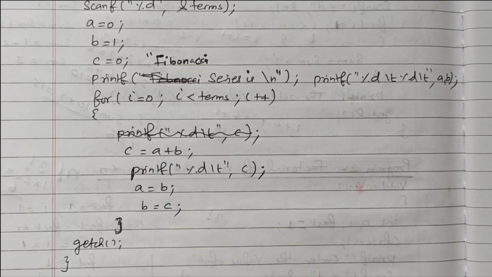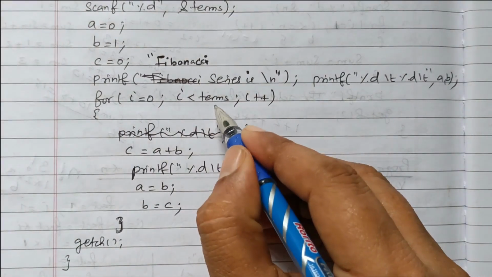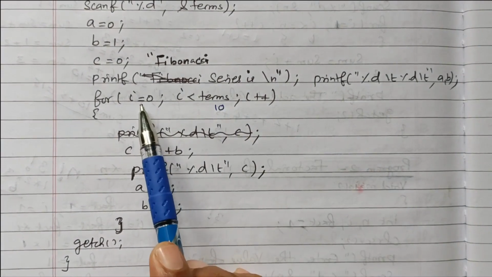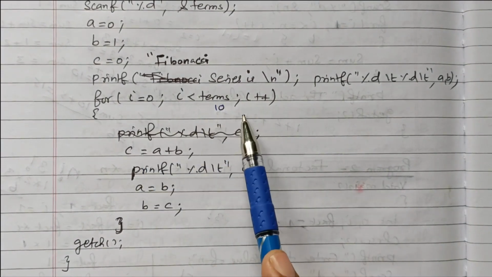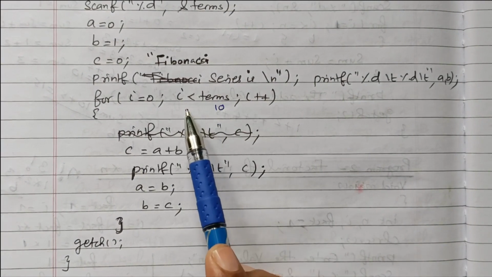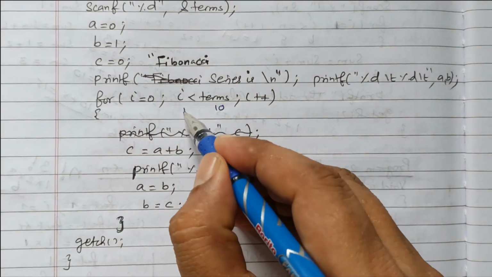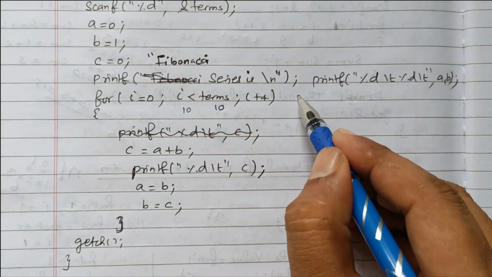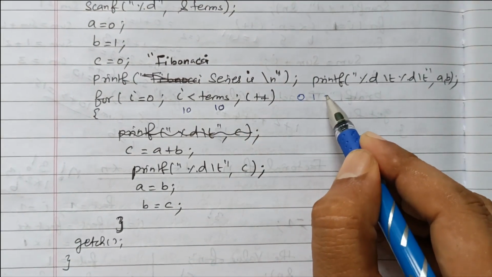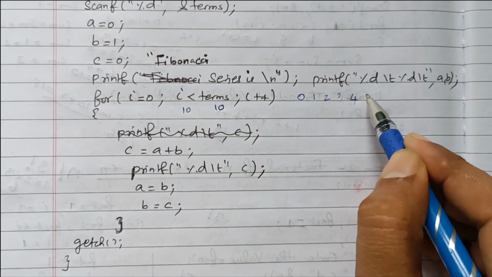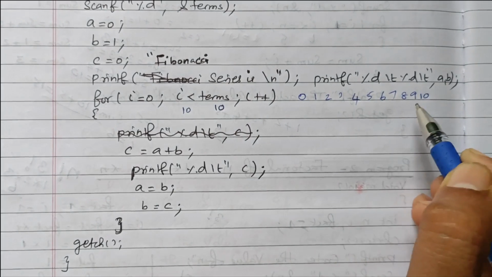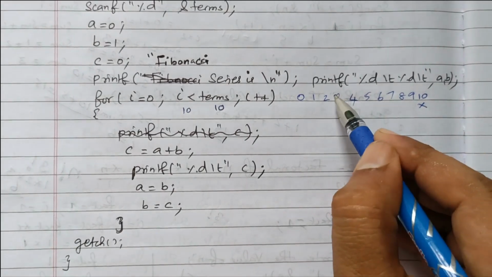For example, if the terms is 10, this loop will be executed 10 times, starting from 0, 1, 2, 3 up to 9, because when i is 10 the condition is not satisfied and the loop terminates, right. So i is initially 0, then 1, 2, 3, 4, 5, 6, 7, 8 and 9. 10 means that the loop will be terminated, right.